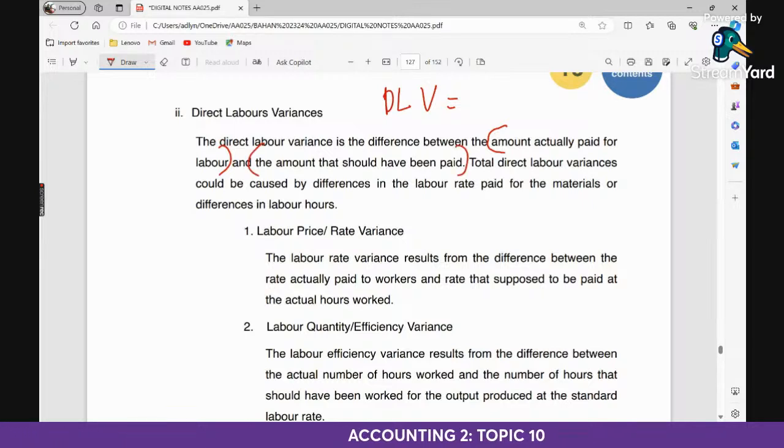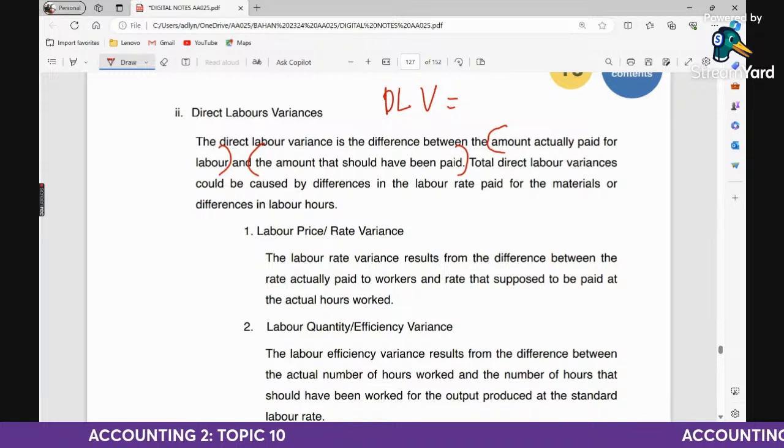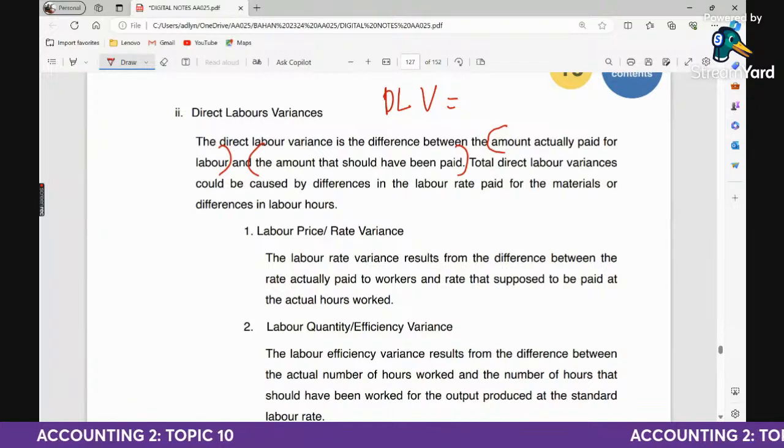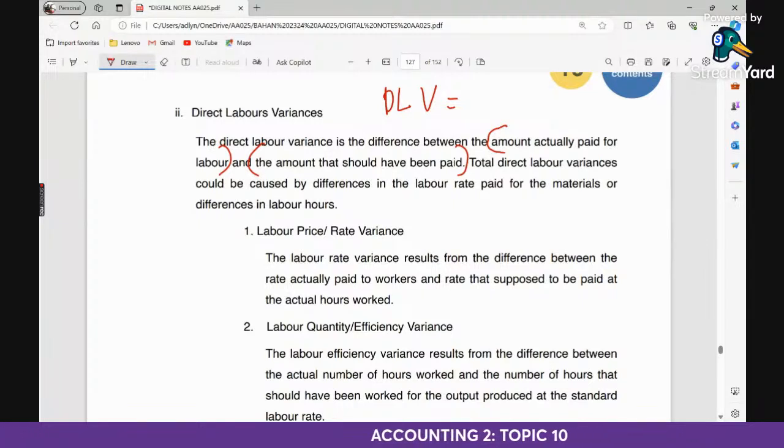Maksudnya, berapa yang you jangka you akan bayar kepada labor, you bezakan dengan berapa sebenarnya yang kita telah bayar kepada labor. Maknanya nilai sebenar dibandingkan dengan nilai standard. Okay, so perbezaan di antara dua tu akan memberikan situasi sama ada dia favorable ataupun unfavorable.